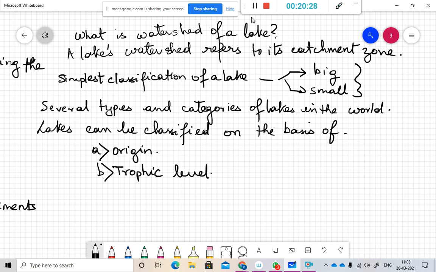You know what a trophic level is: producer, first consumer, second consumer. You can classify lakes on that basis. You can classify lakes on the basis of mixing of water, and on the basis of the nature of inflow and outflow.